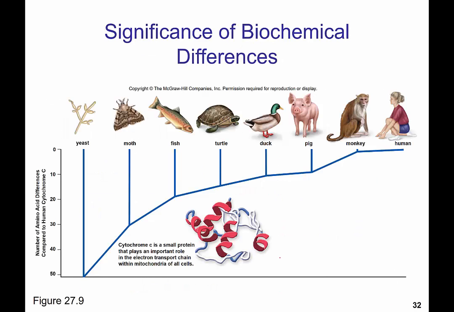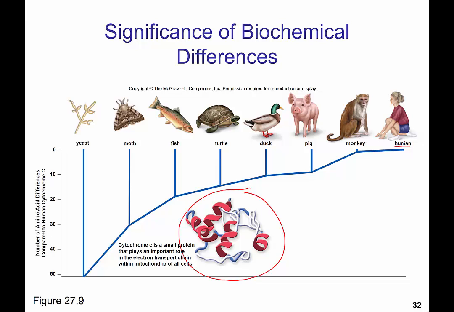A good example of this is cytochrome C, that is represented here. Cytochrome C is a small protein that plays an important role in the electron transport chain within mitochondria of all cells. Keeping in mind that proteins are made of amino acids, we can look at the number of amino acid differences in cytochrome C in these other organisms here compared to human.